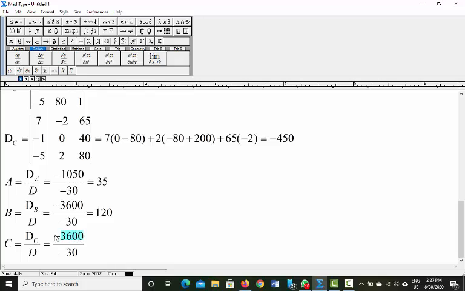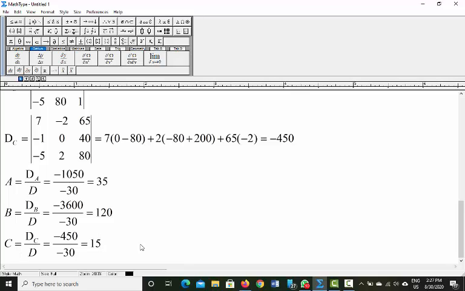Minus 450 divided by 30 is equal to, minus and minus will cancel each other out. So we will have 15. So right, that's the value of A, B and C. So that's the answer.